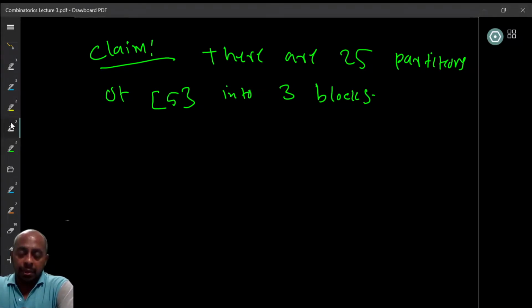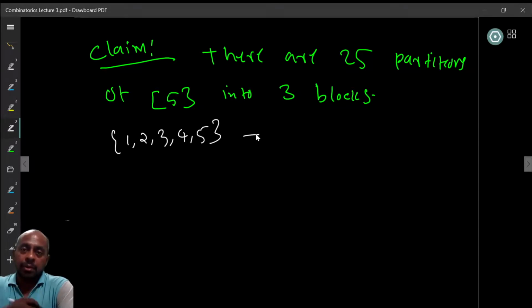We are looking at the partition of the set {1, 2, 3, 4, 5}, so there are exactly 5 elements, into 3 blocks.